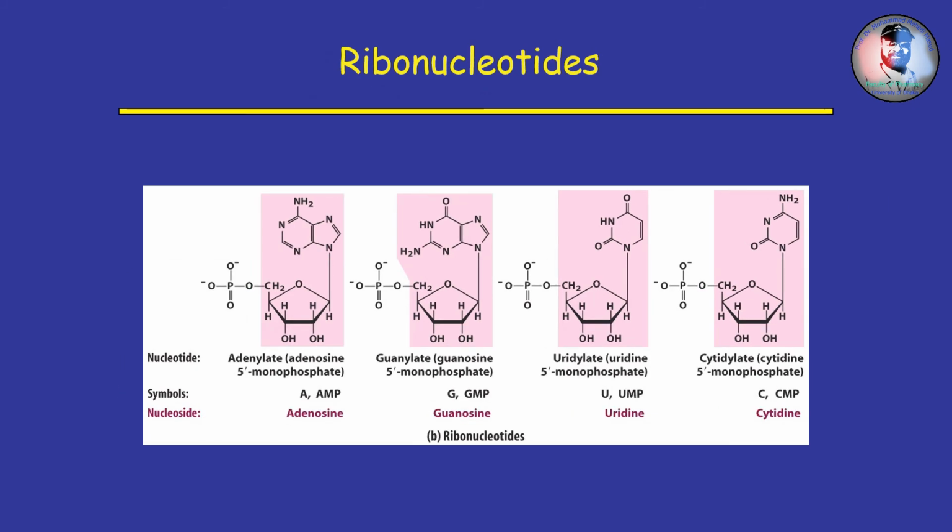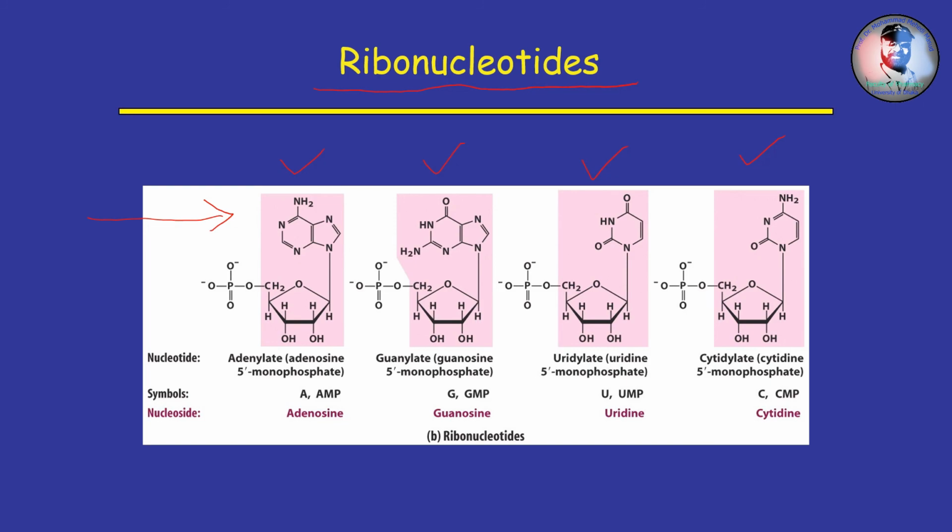The nucleotides of RNA are commonly termed ribonucleotides. RNA nucleotides contain 4 major nitrogenous bases, that is adenine, guanine, cytosine, and uracil. The structural differences between the nucleotides of RNA are also in the base portion.